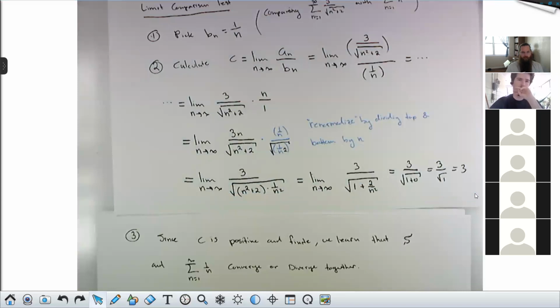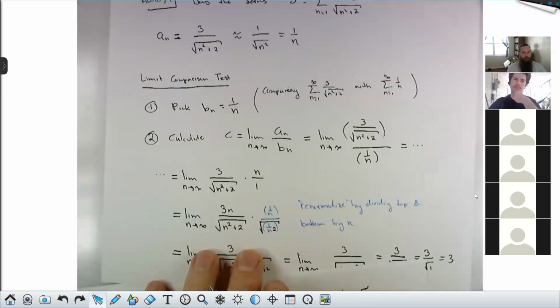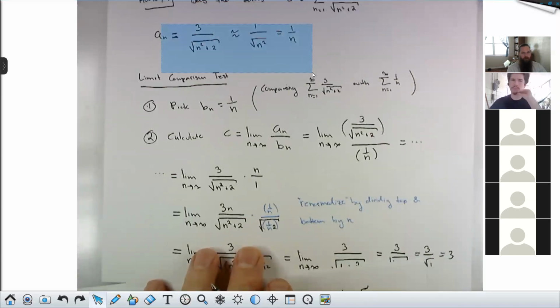So when you're proving step number 2 and you get 0, at that point you realize you might have chosen a wrong bn, and you try it with a different value, a different bn. Precisely. And that's what we're saying, right? It's possible to pick the wrong bn, and if you chose the wrong bn, then these two series might not do the same thing.